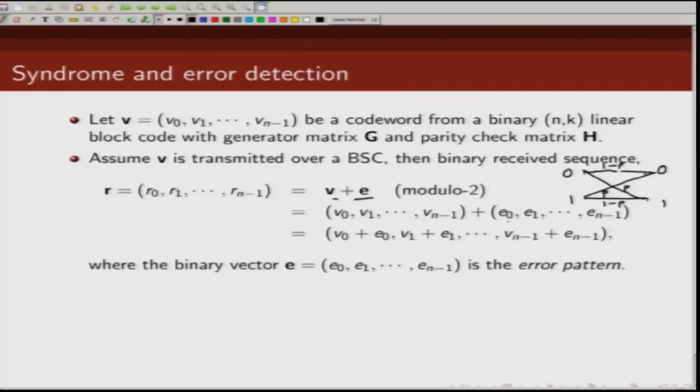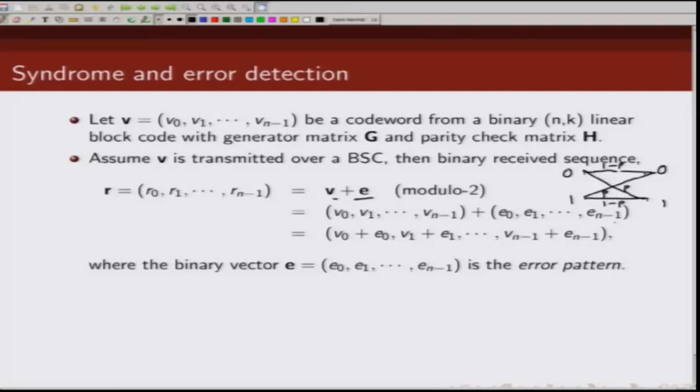We describe our error vector by E0, E1, E2, up to En minus 1, and whenever an Ei term is 1, that means that particular bit was not received correctly. So, we can write the output of the binary symmetric channel: the first bit that we receive is V0 plus E0, the second bit will be V1 plus E1, similarly V2 plus E2, and finally we will get Vn minus 1 plus En minus 1, where E0, E1, E2, up to En minus 1 is my error pattern.